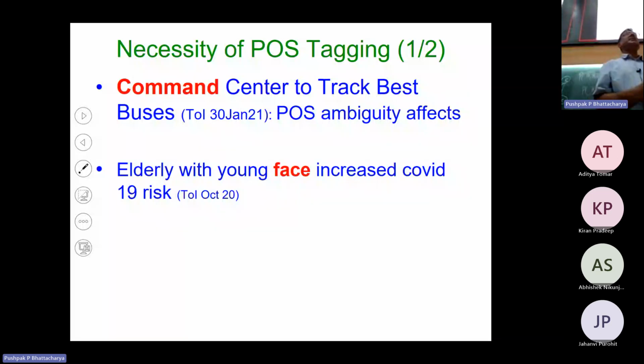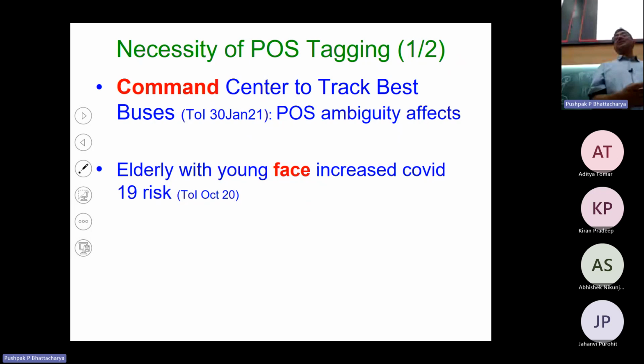This was a newspaper headline in the Times of India, Mumbai edition, 30th January 2021. Command center to track best buses. You have a control center which tracks the buses plying in the streets of Bombay. Now command can be both verb and noun.